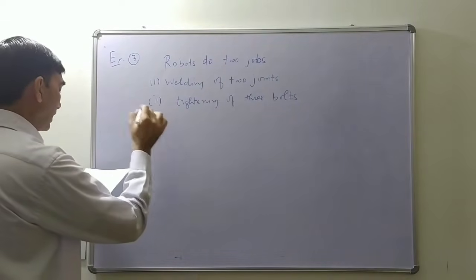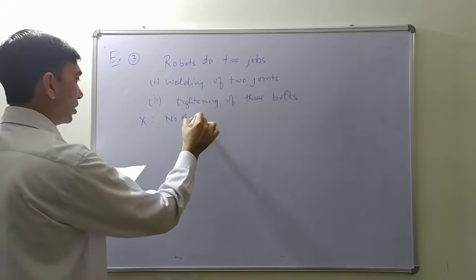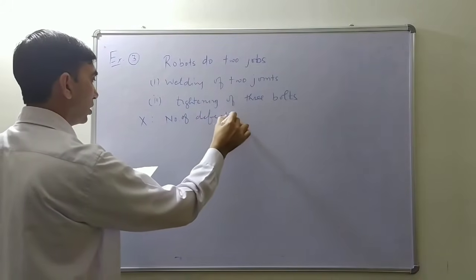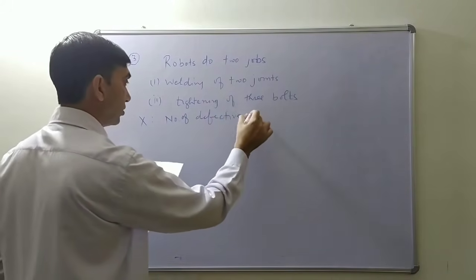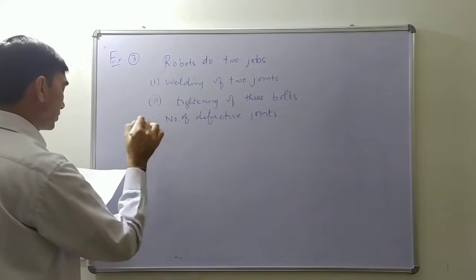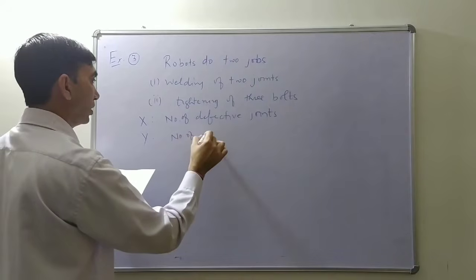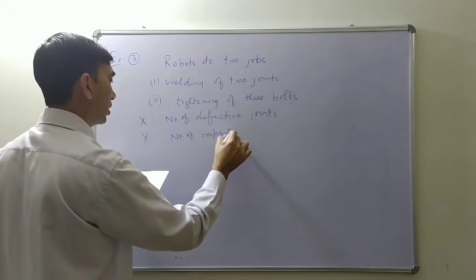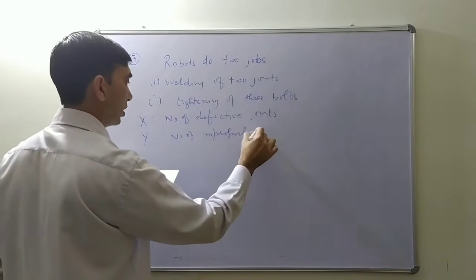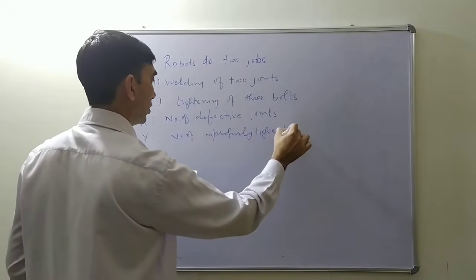Suppose X denotes number of defective joints and Y denotes number of improperly tightened bolts.